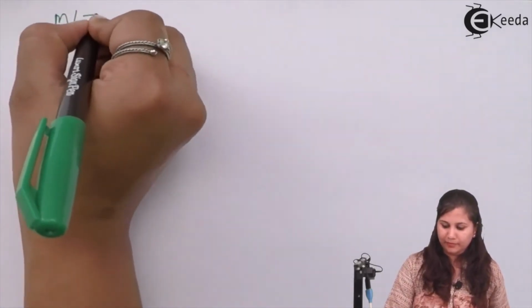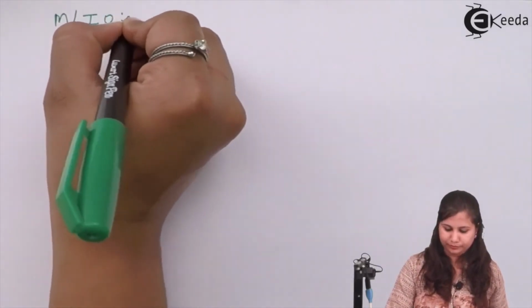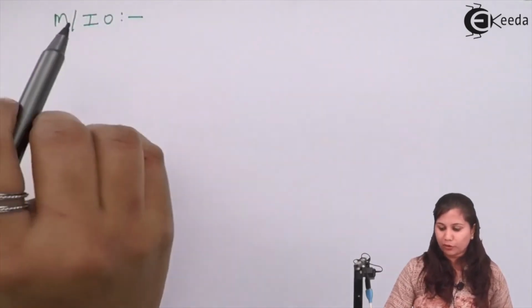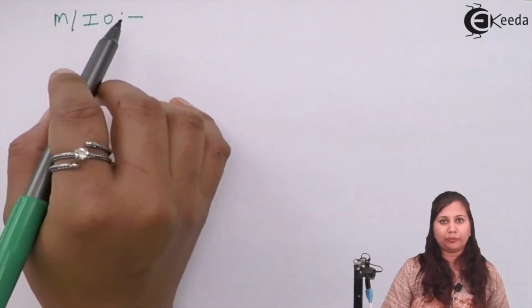The next signal we have is M/IO. This signal is for the memory and the input output operations.